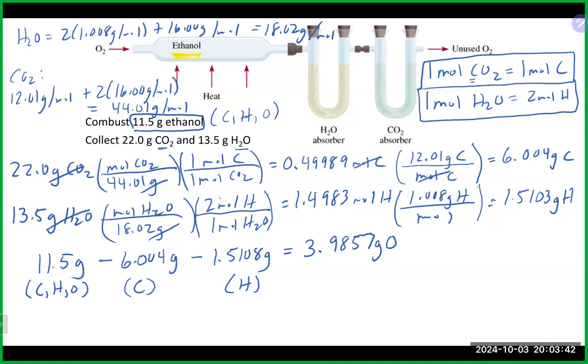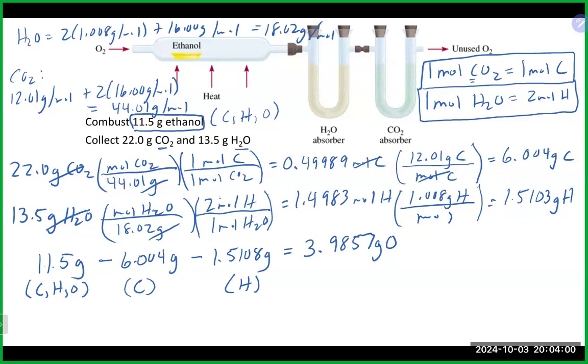So again, we're going to use the mass of the sample that is made up of carbon, hydrogen, and oxygen. Since we already now know the grams of carbon and hydrogen, we can subtract to figure out our grams of oxygen in this case. Any questions on that there?